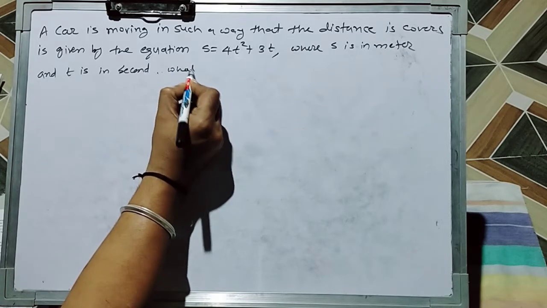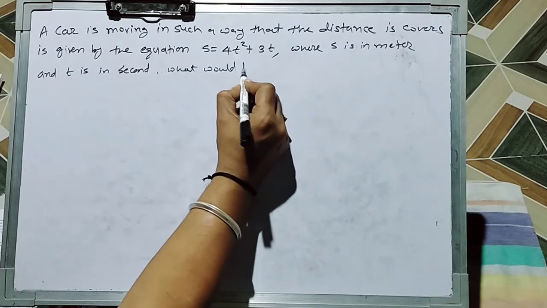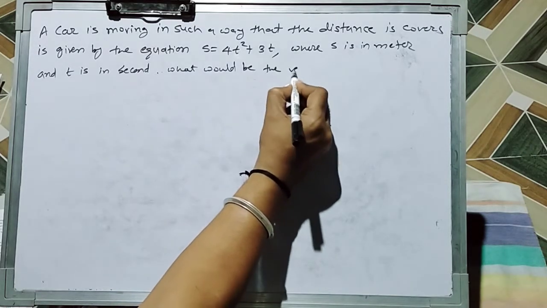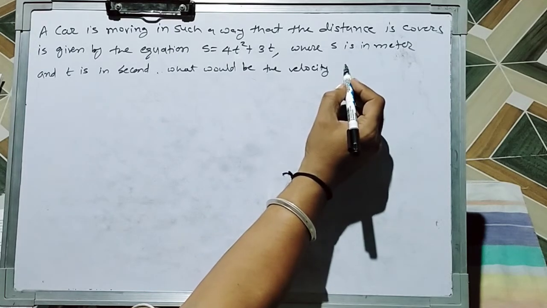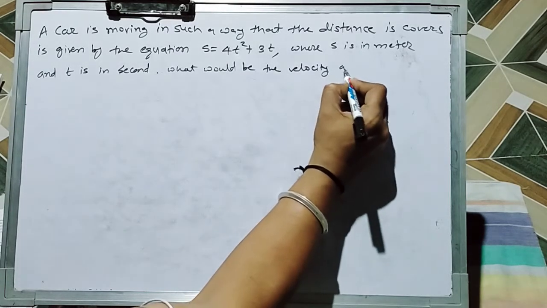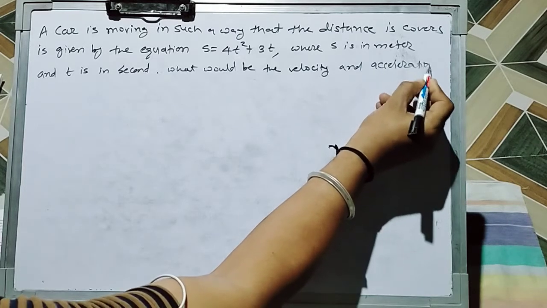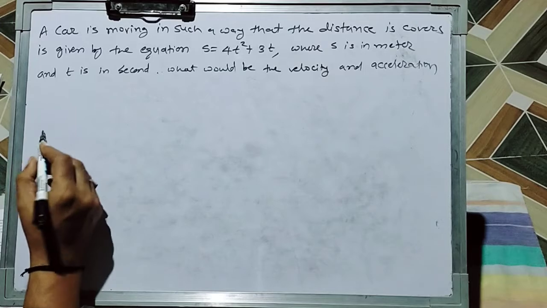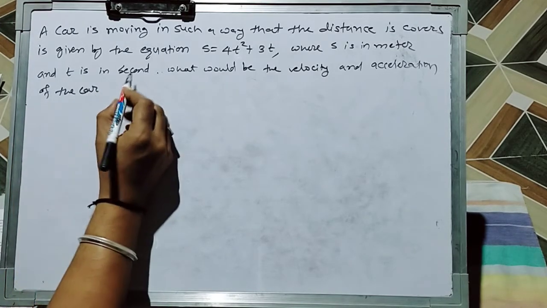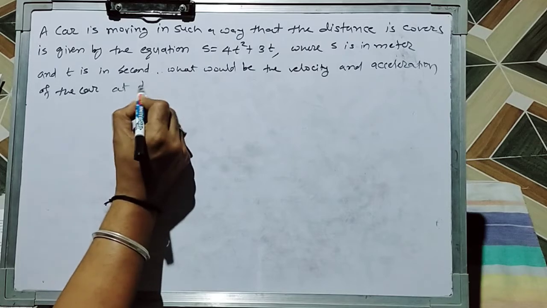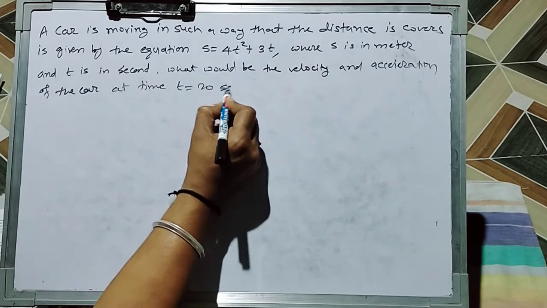What would be the velocity and acceleration of the car at time t equals 20 seconds?